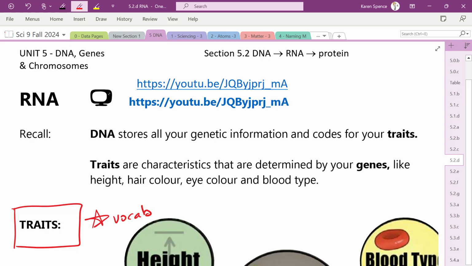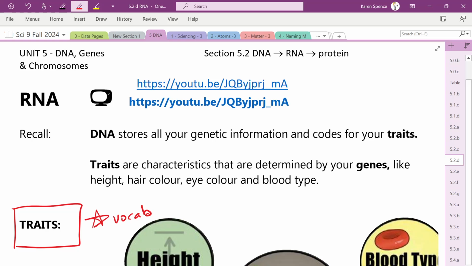But if your thumb can do this, you have what they call hitchhiker's thumb. If your thumb does not bend, like if you cannot make it go backwards, you don't have that particular gene. This gene is the dominant gene.